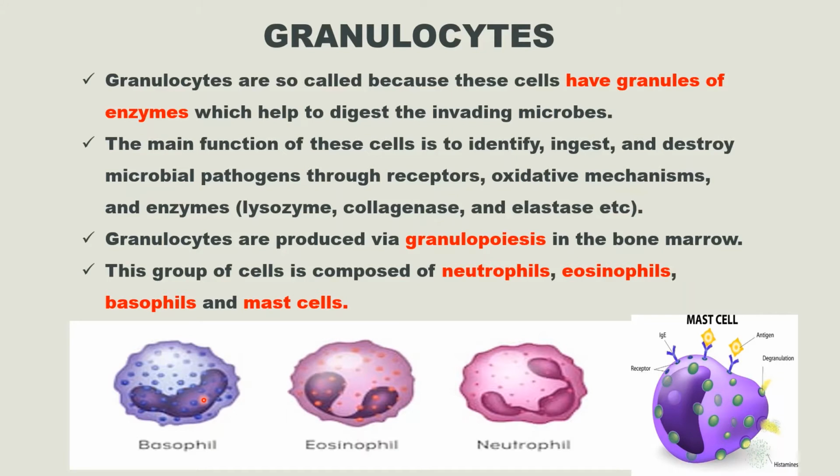This group of cells includes neutrophils, eosinophils, basophils and mast cells. Here this is basophil, this is eosinophil, this is neutrophil and this is mast cell. All these cells contain granules, within which some enzymes are present. That's why they are called granulocytes.